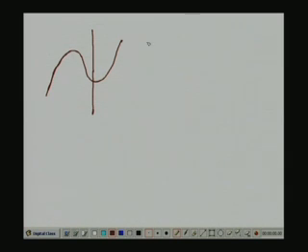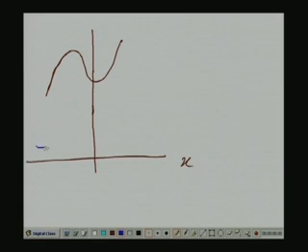This is the function g of x, this is the x axis. And the corresponding probability density for x, that also I plot. Okay. Now, suppose you are given a y here and y plus dy here.